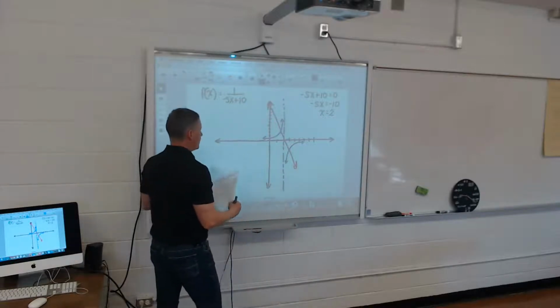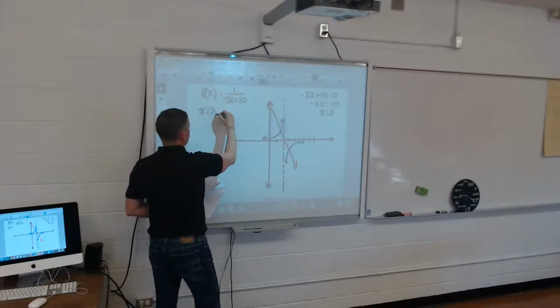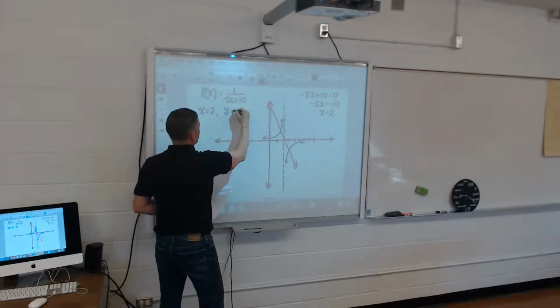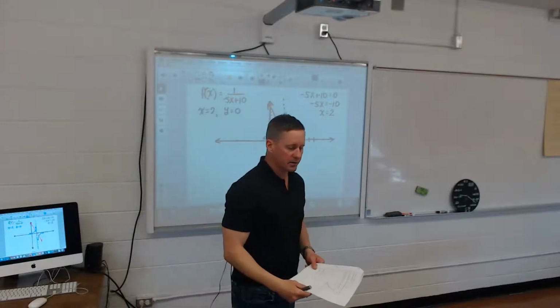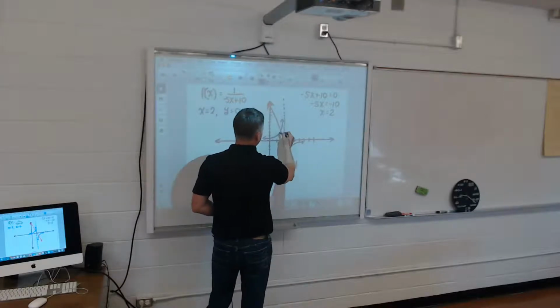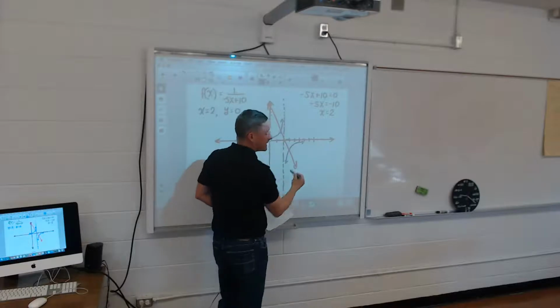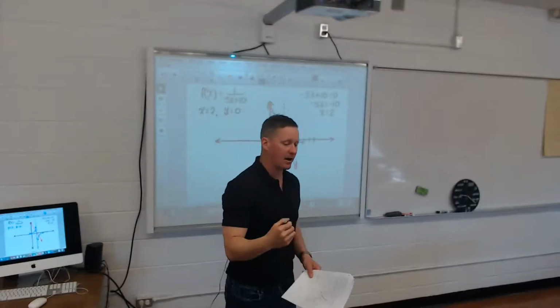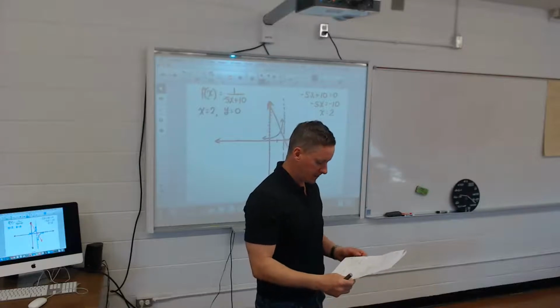It says, what are the equations of the asymptotes? The asymptote equations are x equals 2 and y equals 0. All right, lots of us missed that y equals 0, but that is an asymptote. That's why these graphs, as x gets larger, y gets smaller and smaller, but does not hit 0, because they're all fractions.